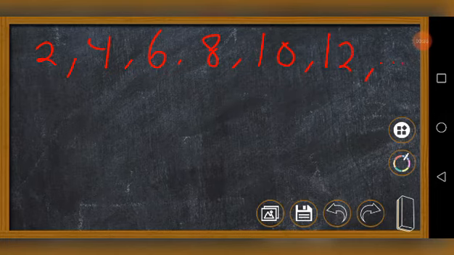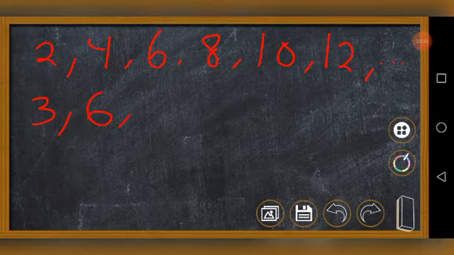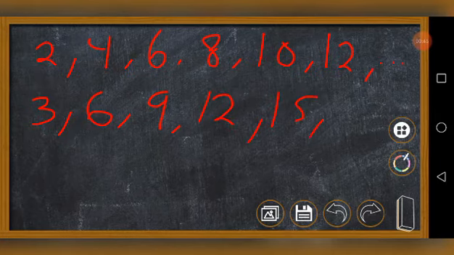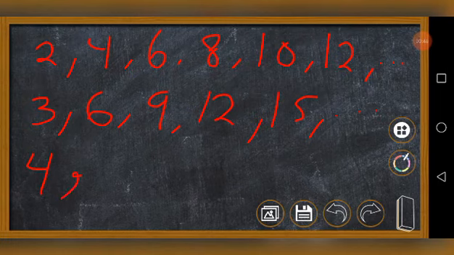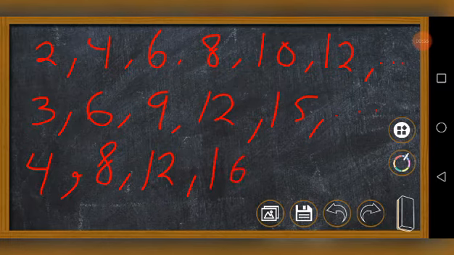The multiples of the number 3 are 3, 6, 9, 12, 15, and go on. And the multiples of number 4 are 4, 8, 12, 16, and 20, and go on.